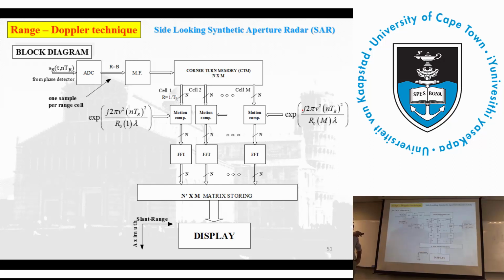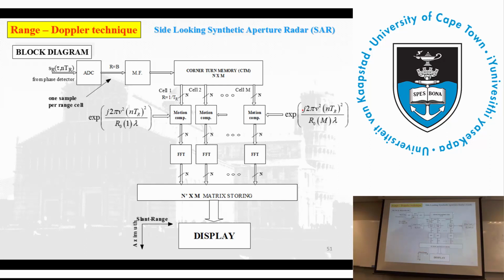So these are the range profile for the first sample, range profile for the second sample, and so forth. And then you work in this direction here, because each column represents the time history for that particular range cell. That means you're focusing on one range cell and looking at all the samples that you are taking for it.